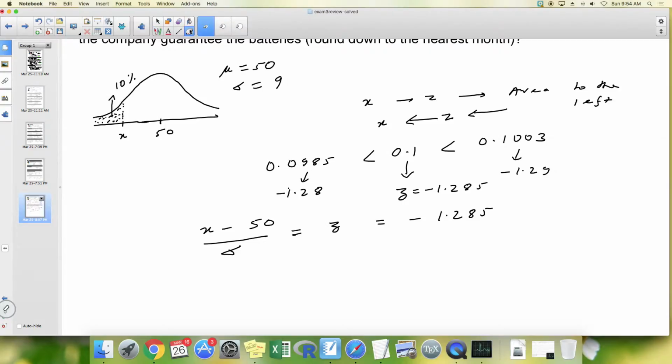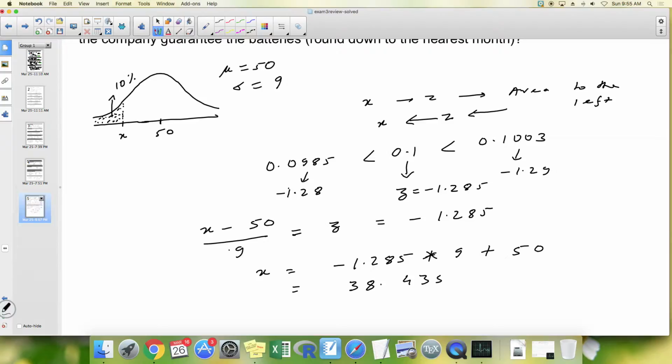In place of sigma, let me write 9. So this shall mean that x is minus 1.285 times 9 plus 50, which is 38.435 months.